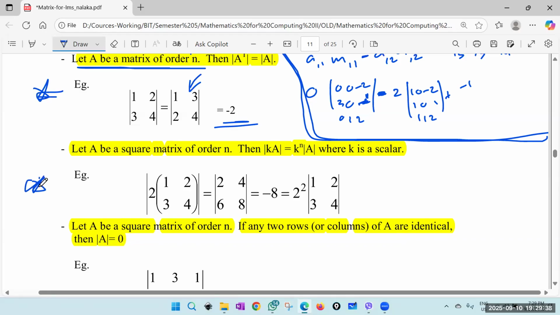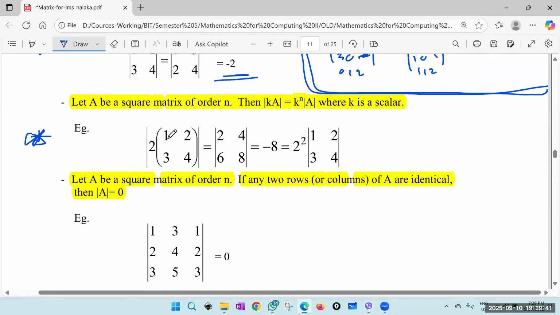Property number 2. If you have a square matrix, of course, determinant is only applicable to square matrices. So when I discuss a property of a matrix determinant, it refers to a square matrix. So let A be a square matrix. This is A. And if you want to find the determinant of that matrix multiplied by a constant, K, and then you get a matrix, right?